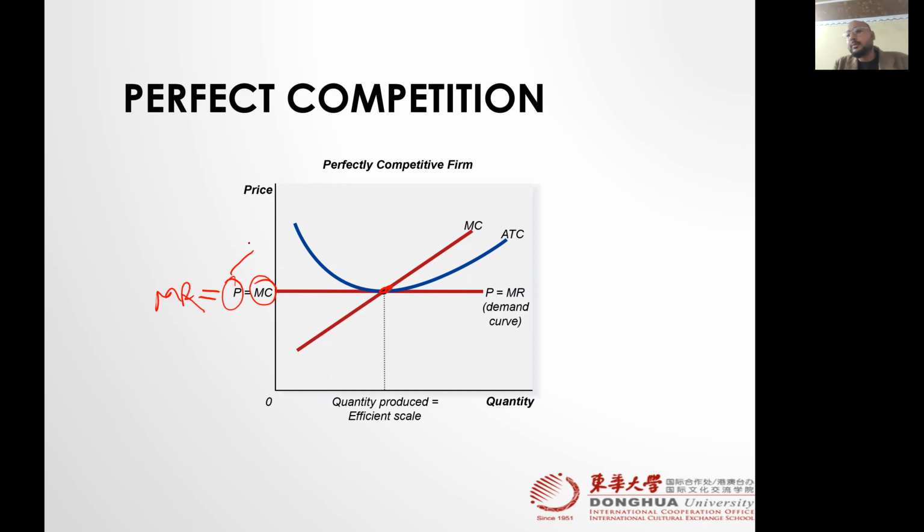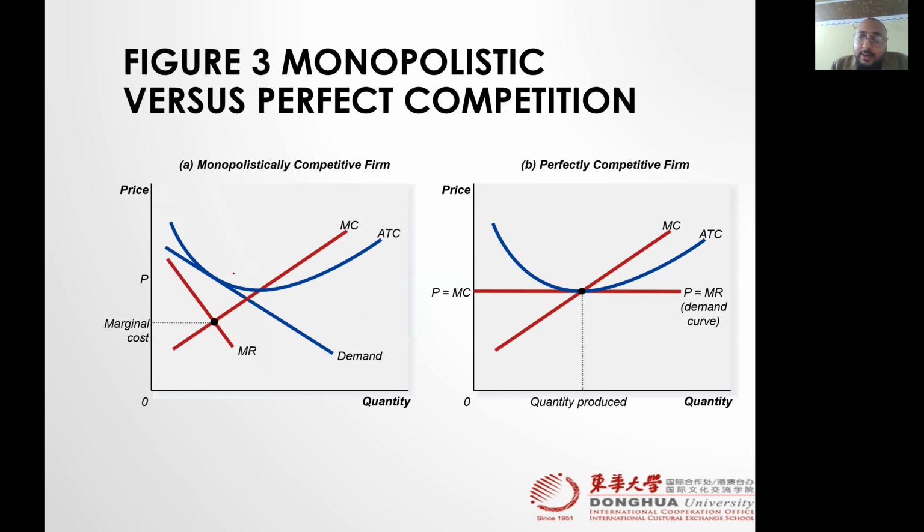We don't have to calculate the marginal revenue of a firm because in perfect competition price is equal to MR. So we'll just replace MR with P. So we are charging price equal to MC, which means the extra unit we produce has the same revenue as it costs.